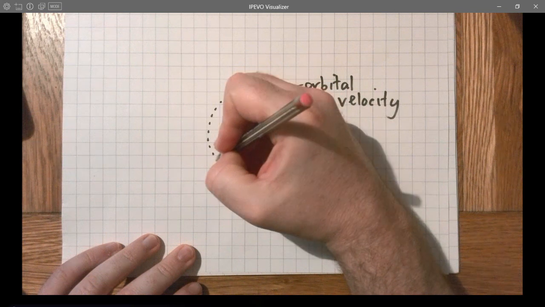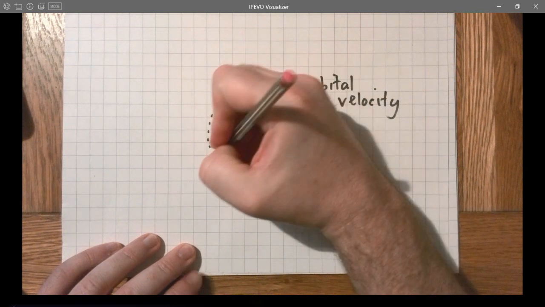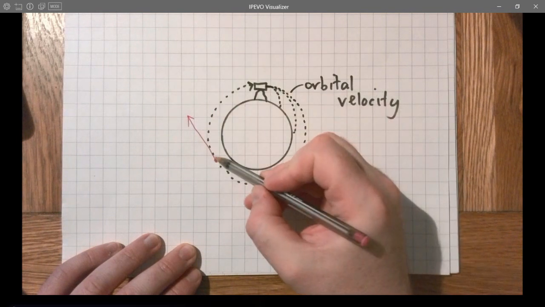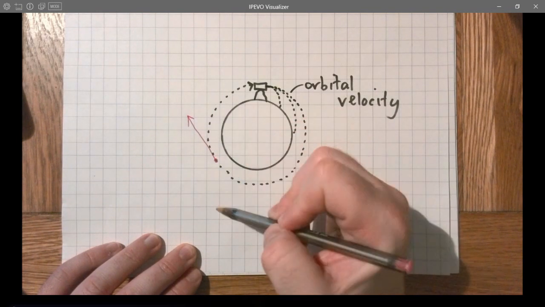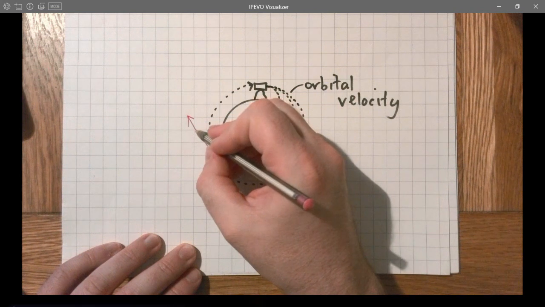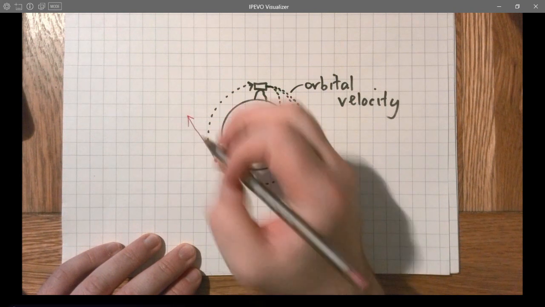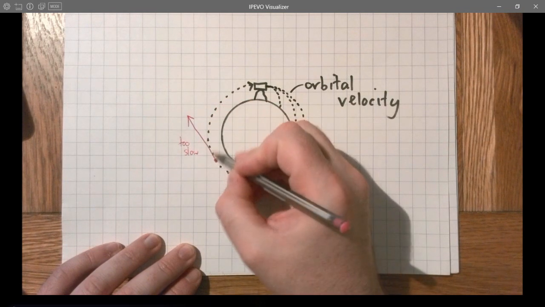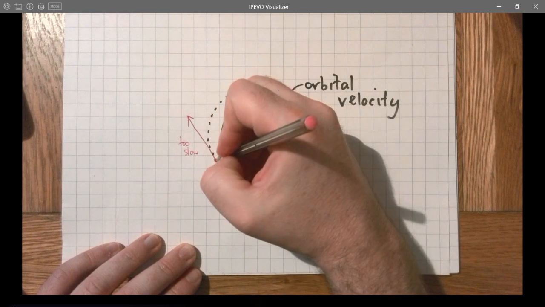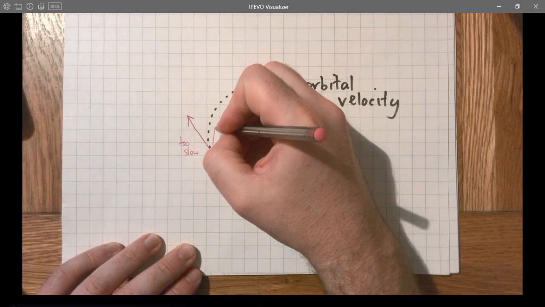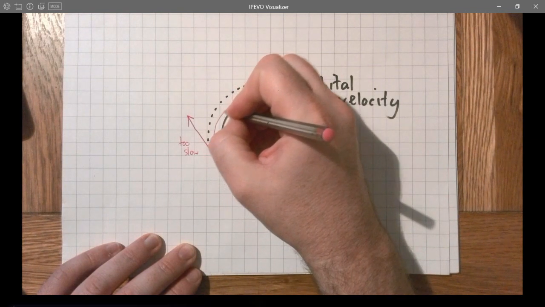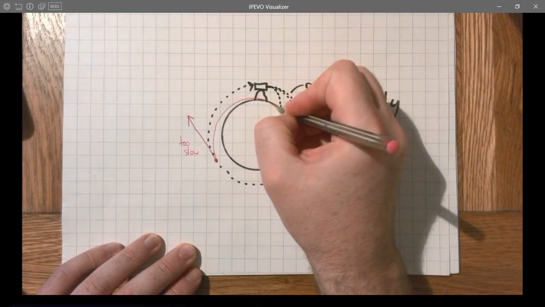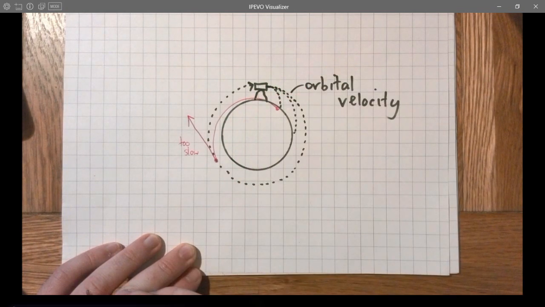So if I'm at this position here, my direction is there, and I'm being pulled in a curve because of gravity. If my speed was a little bit slower here, so say this was too slow to stay in this path, then I would begin, it's called the decaying orbit, I would begin to fall towards the ground.